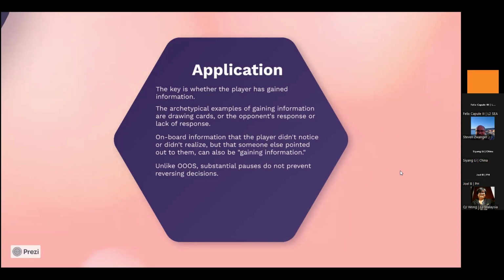If they just didn't realize it, but somebody else pointed it out, whether it's a spectator, which is usually bad, but still new information, or the opponent, that will prevent the player from changing their decision.